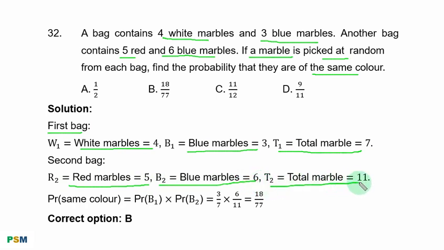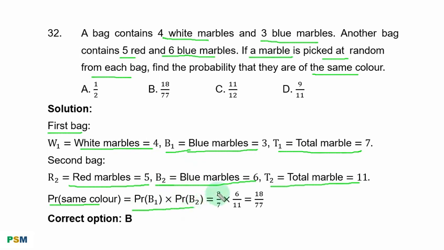Total is 11. So probability of the same color from each bag means blue marbles from the first bag, then blue marbles again from the second bag. You have it in this form.